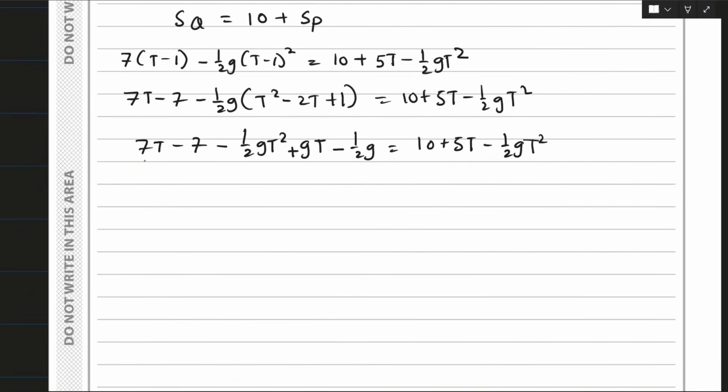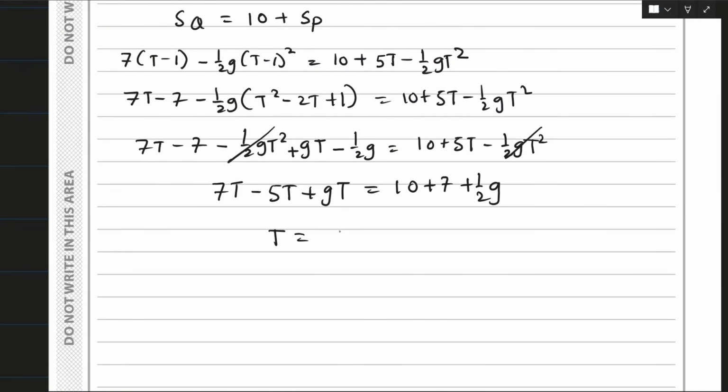We see that we have the same terms here. We have minus half gt squared on the right and the left side, so we can cancel them out. And then we have 7t minus 5t plus gt, and this is equal to 10 plus 7 plus half g.